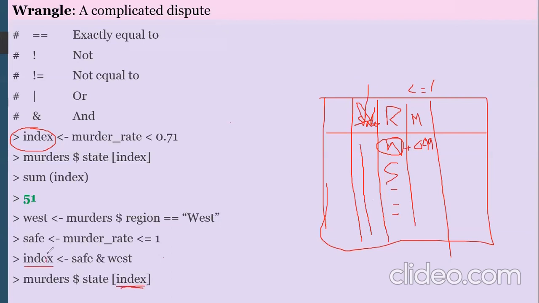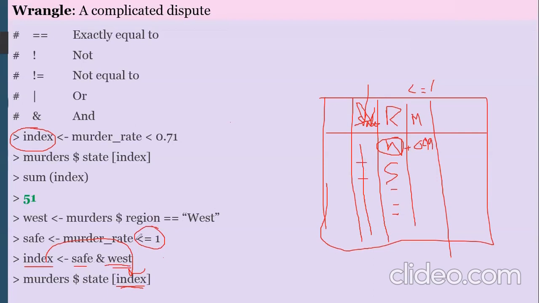The index is actually safe and west. Safe means the murder rate should be less than 1, and west means the state is in the west, like W. So it will give me all those states that are both safe as well as in the west.